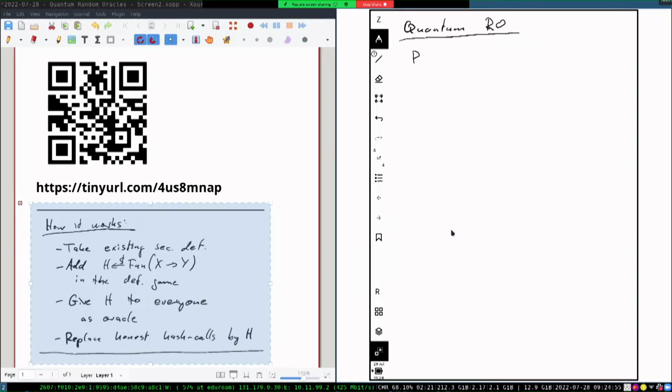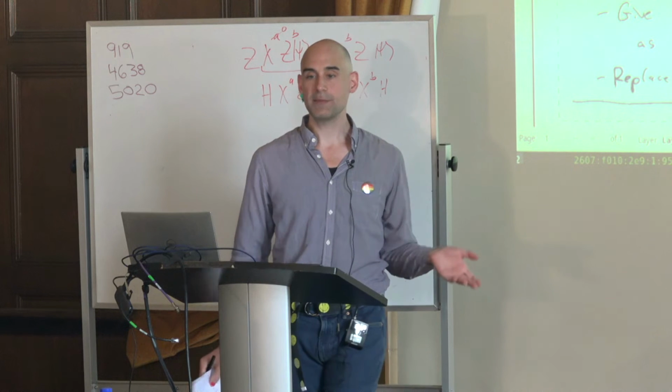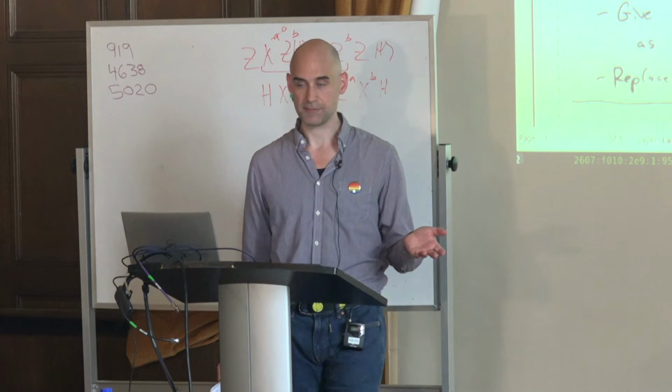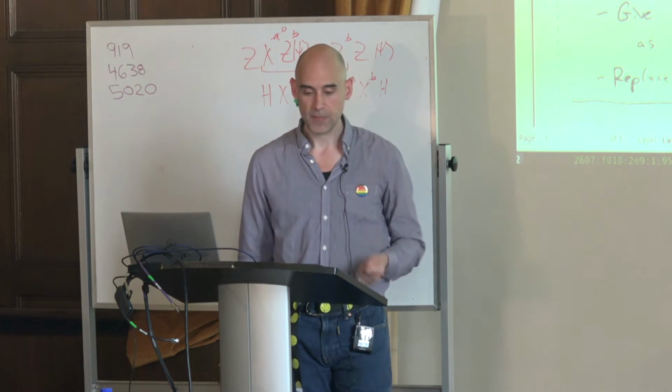So problem one is probably the easier one. Imagine you just keep the definition of the random oracle as it is when we go to the quantum setting. So what would happen?